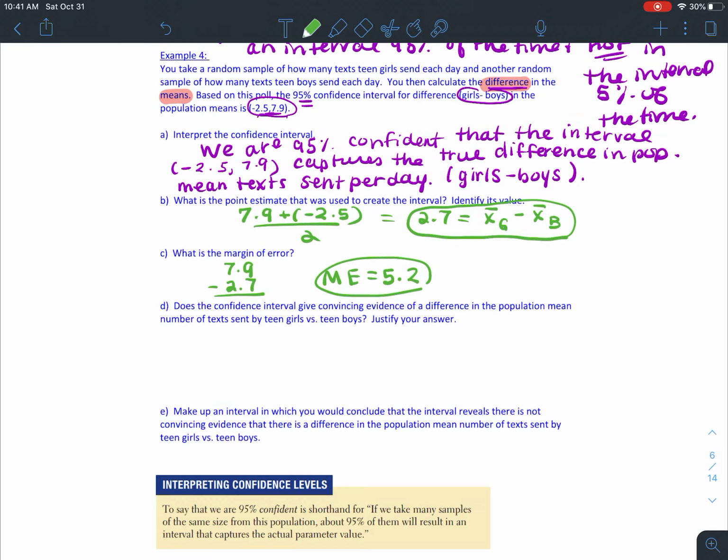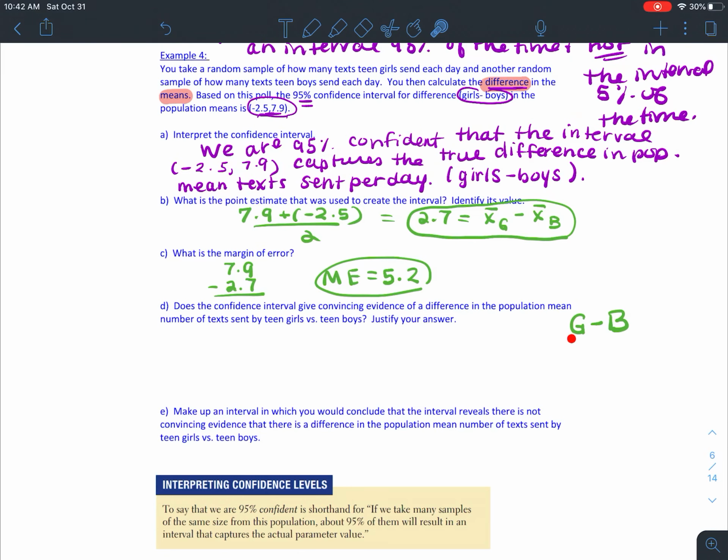Okay, now here's the question. Does the confidence interval give convincing evidence that there is a difference in the population mean number of texts sent by teen girls versus teen boys? Justify your answer. Now remember, we did girls minus boys. Let's pretend for a moment that there's no difference at all in the average number of texts sent by girls and boys.